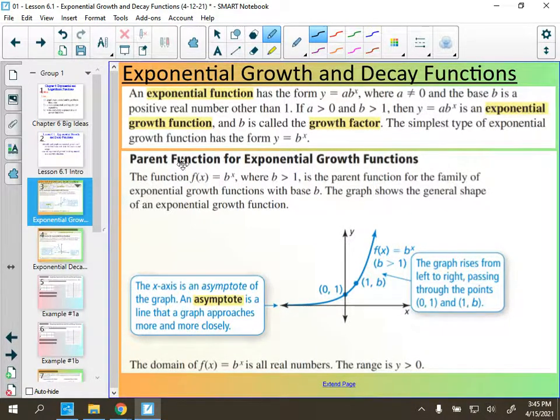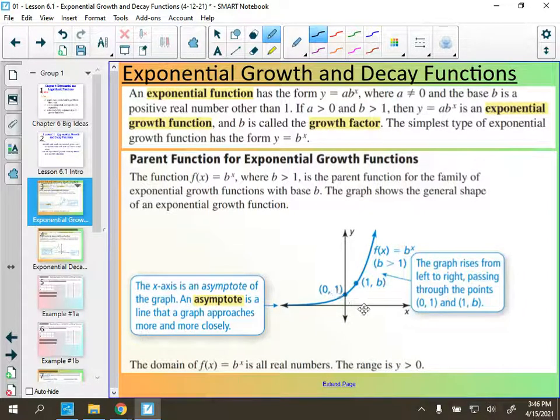So this function, y equals b to the x, applies to any base that's greater than 1. There are still some nice points. Here's our shape, our exponential growth function. If I plug in a 0 and I take anything to the 0 power, we're going to get 1, right? Anything to the 0 power is 1. So that's the one nice point we can get on our graph here.